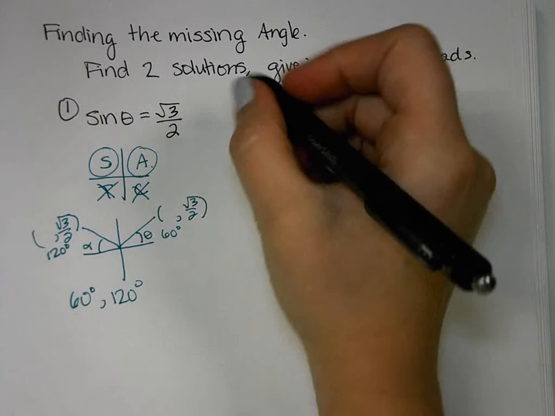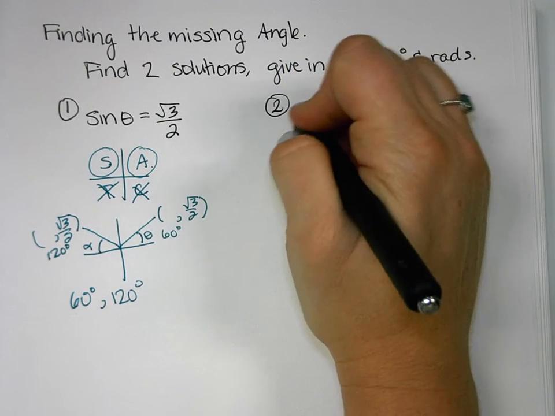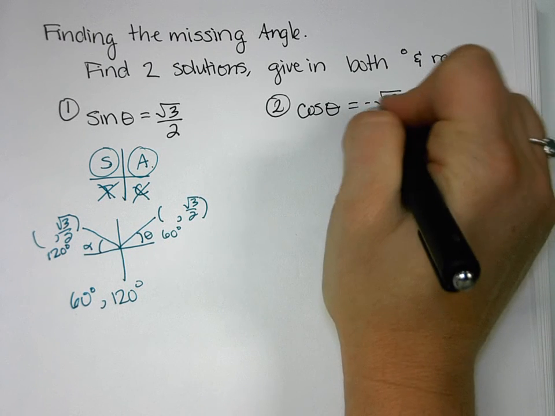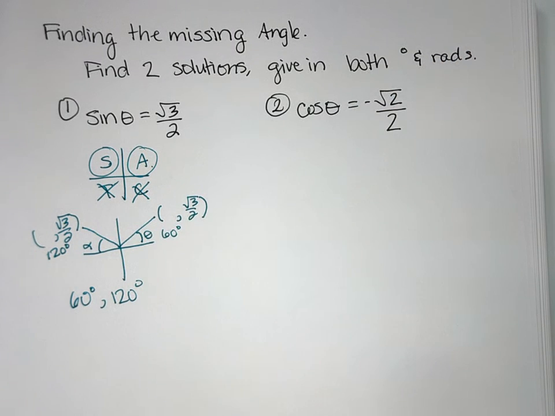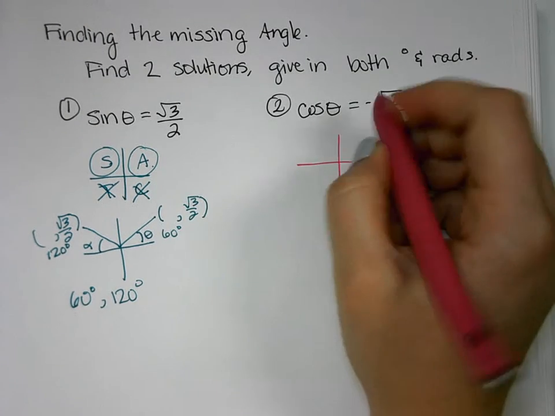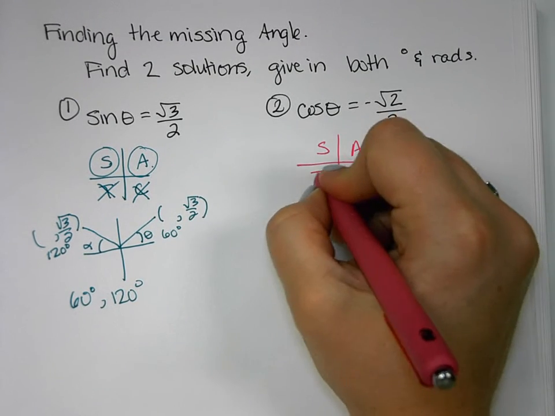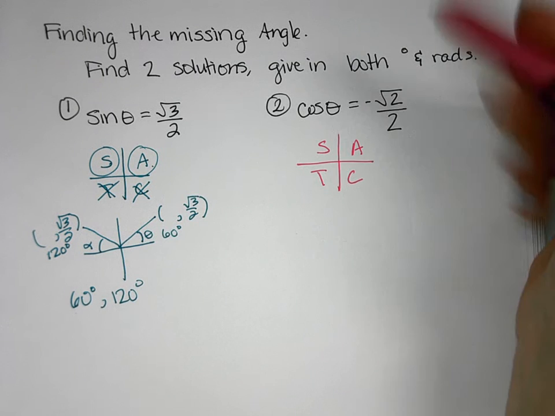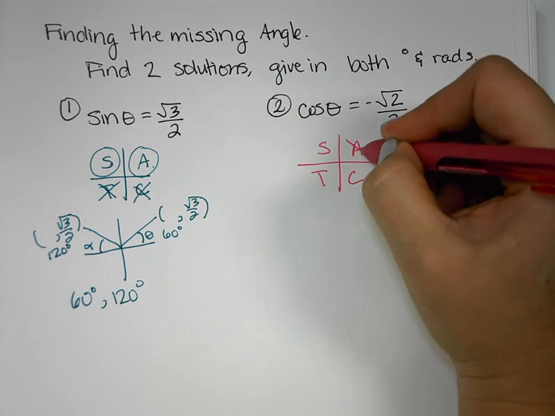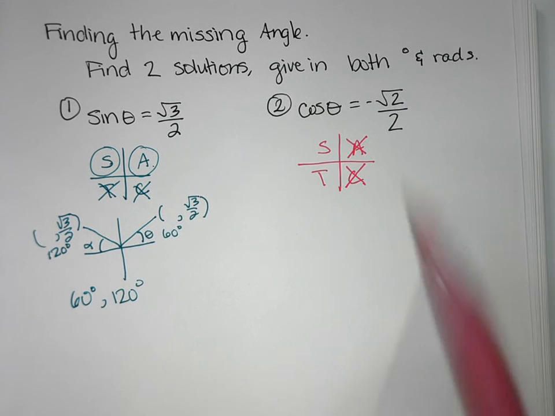So we're going to do one more. Cosine of theta equals negative root 2 over 2. So again, I'm going to start with figuring out what quadrants I'm going to look at. So if my cosine is negative, that means it's not quadrant 1 and it's not quadrant 4, because cosine's positive in those quadrants.